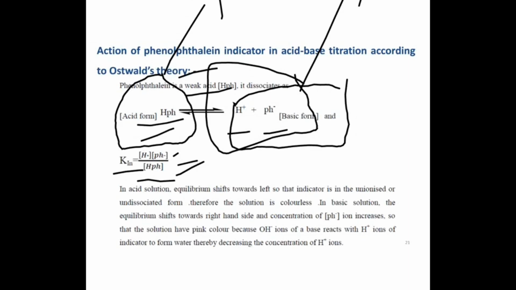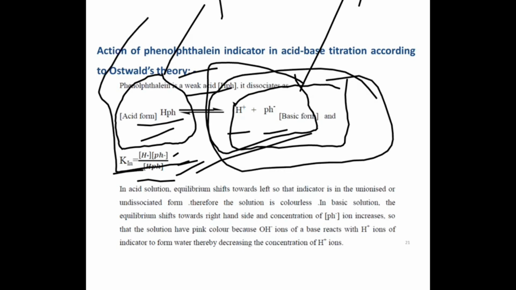In acid solution, the equilibrium shifts towards the left. In the basic solution, the equilibrium shifts towards the right. This is the basic media, and this is the acidic media. The solution has a pink color in basic media, and the H plus ions from the indicator form water. It is the same with respect to the phenolphthalein indicator.